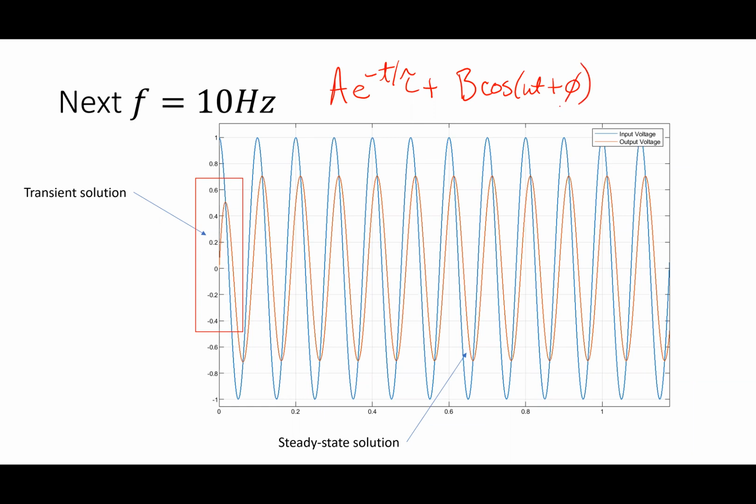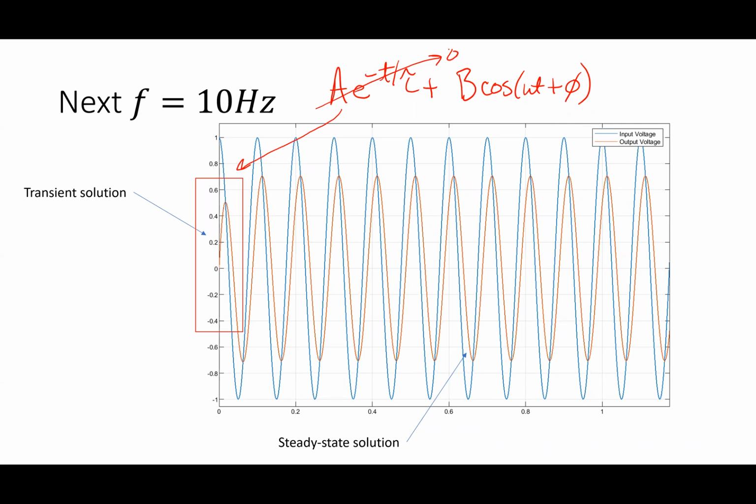Looking at this here, A e to the negative t over tau eventually always becomes equal to what? 0. Yeah. So I can see that transient for a little while, but then eventually this guy becomes 0 if I wait long enough. My x-axis here is time.